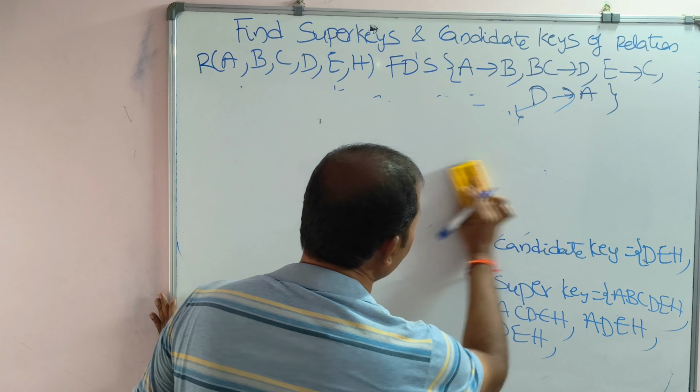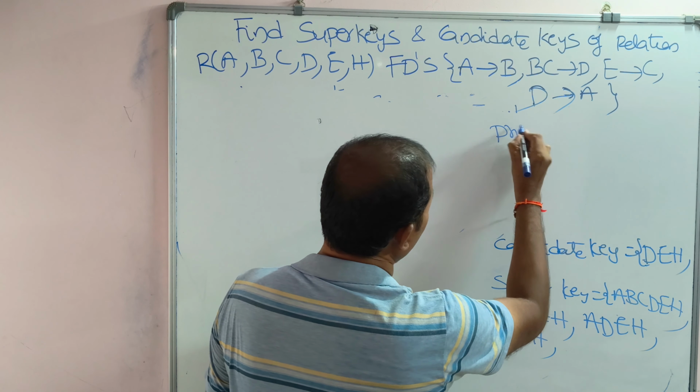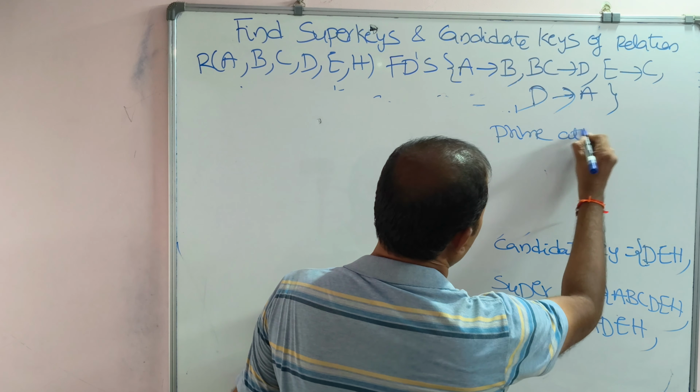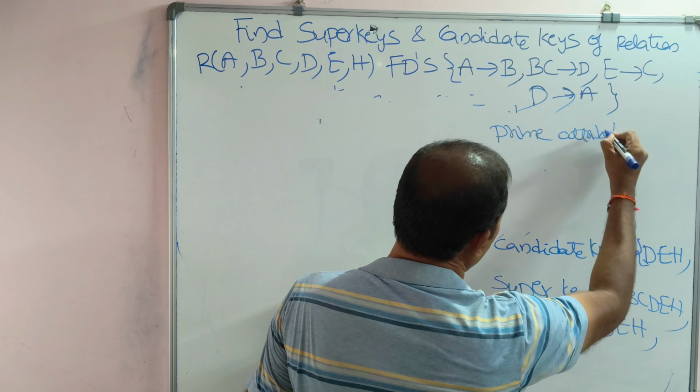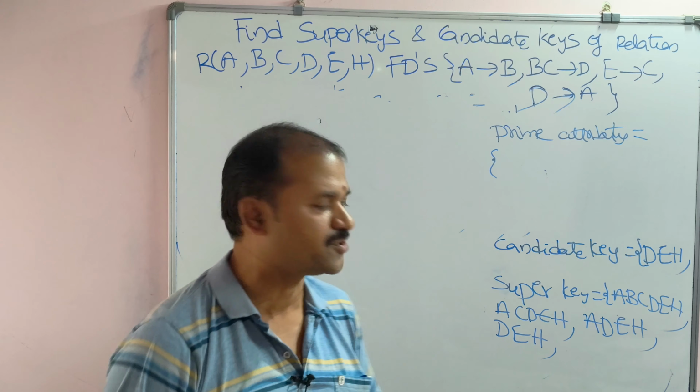So what are prime attributes? The attributes which are part of the candidate key. In order to find the remaining candidate keys, we need to find the prime attributes.